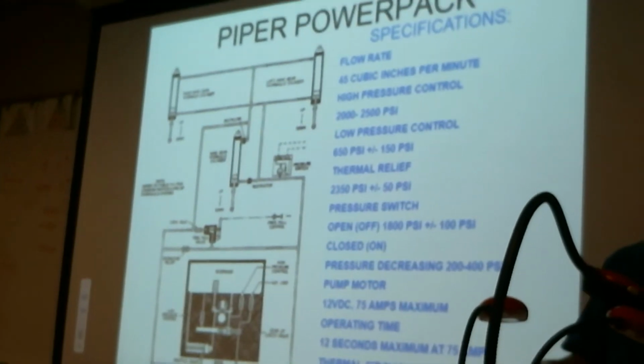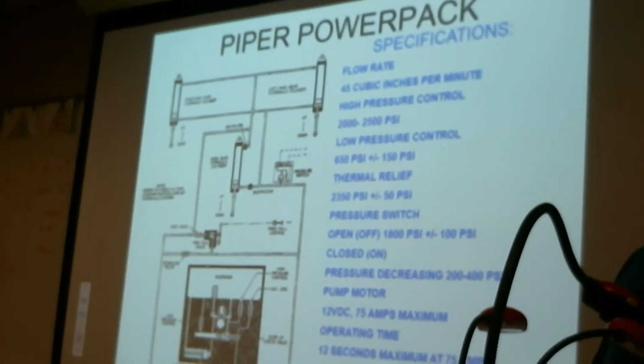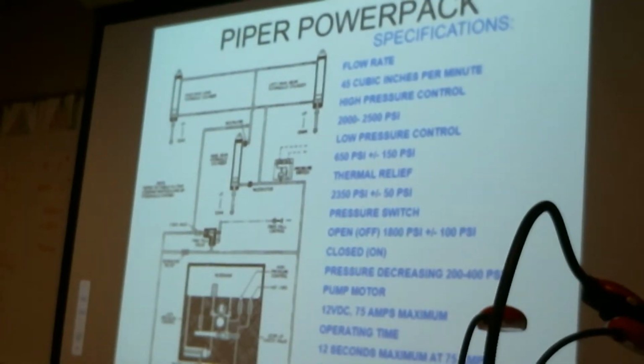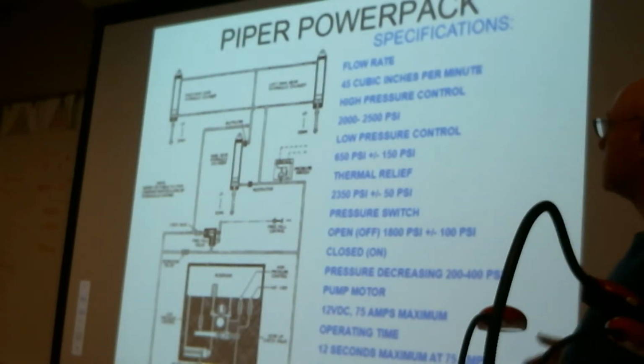The problem with a lot of things that are electrically moved is that there's heat that's built up, and you can burn out the electric motor if you operate it too soon, with the accumulated heat. So sometimes they'll have a duty cycle that you have to abide by with many of these components, and if you jump the gun and operate it too many times or too quickly, you can burn up the electric motor. So you have to be kind of cognizant of that. But anyway, this is kind of the specs for what they use for a Piper power pack.